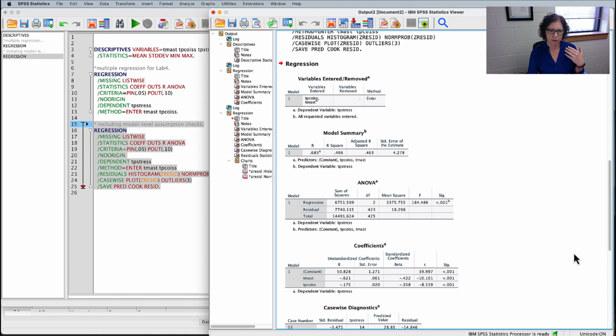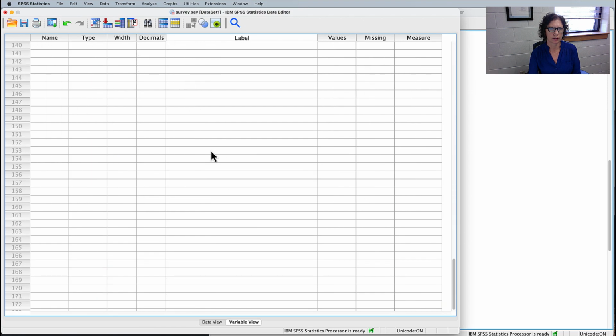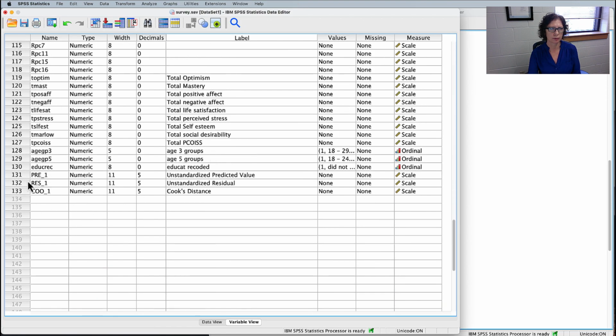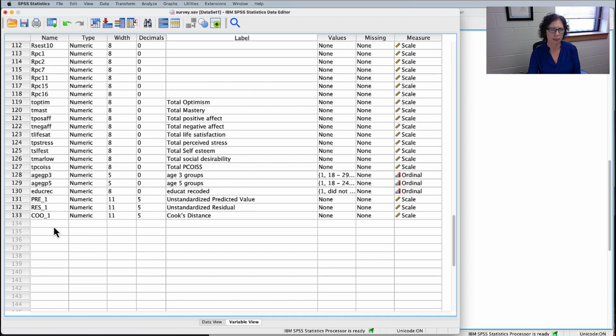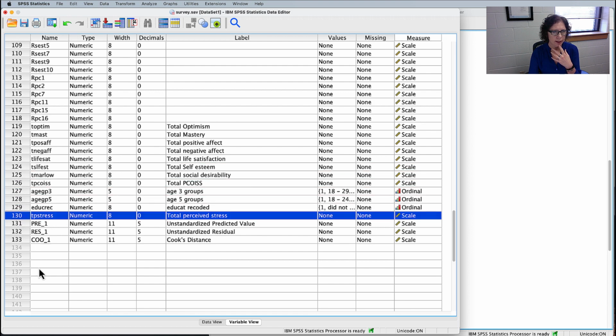First, let's consider that the assumptions at model level are mostly about the residuals. And what are we talking about with the residuals? I'm going to go over to our data window here, specifically our new variables that we have. And let me drag down total perceived stress to where we have it with the others.